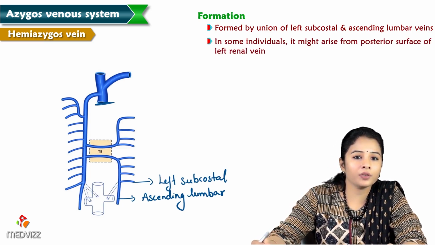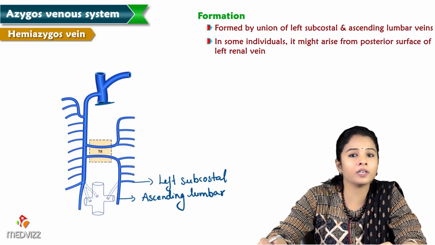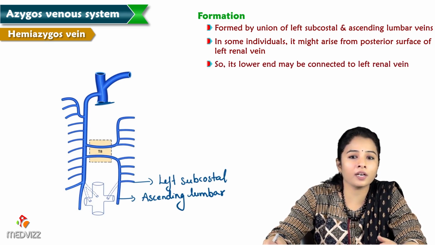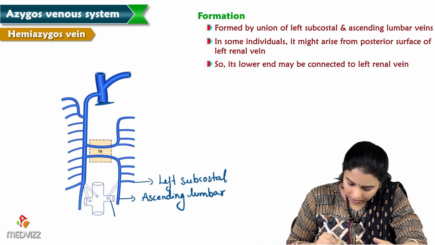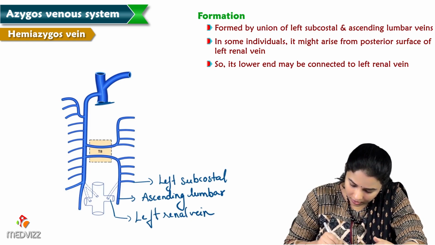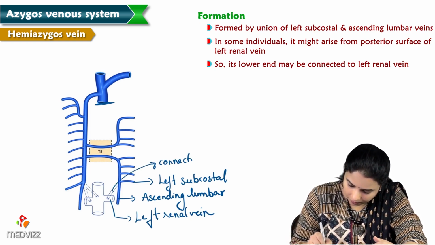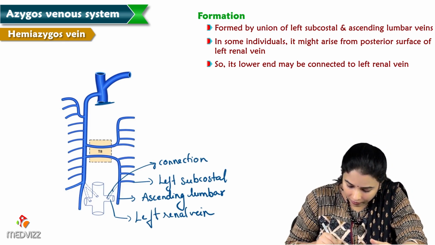In some individuals it may arise from the posterior surface of the left renal vein directly, or its lower end may be connected to the left renal vein. So here is the renal vein. You can see the connection. So it can be a direct formation from the renal vein sometimes.